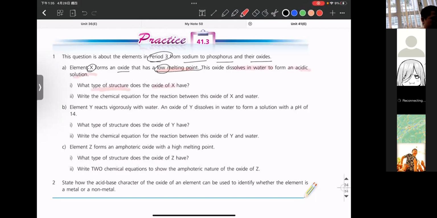What type of structure does the oxide of X have? Can you make a guess? What structure does it have? What elements should be near the left-hand side or right-hand side in the periodic table? Now, after you get to know the description here, tell me.